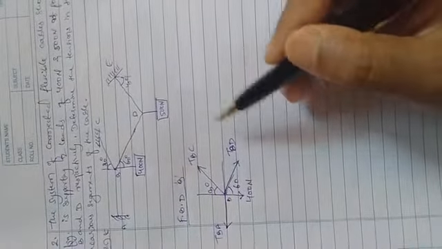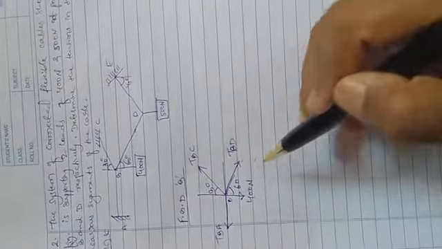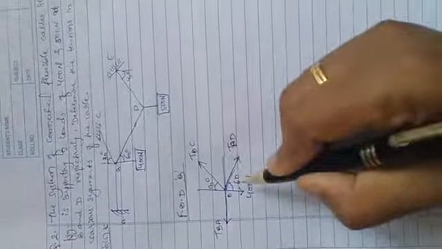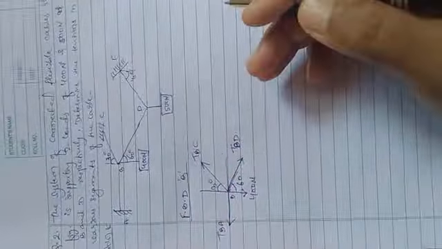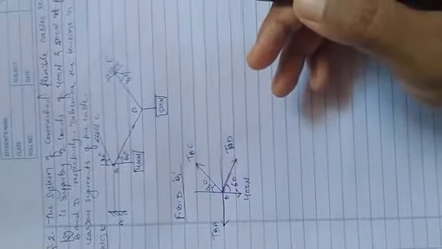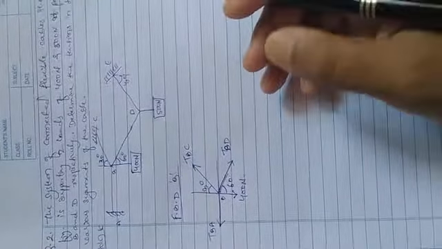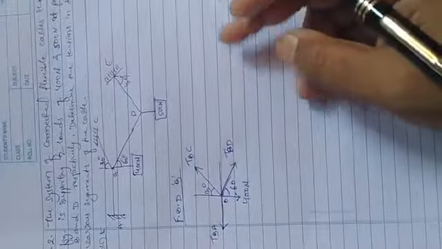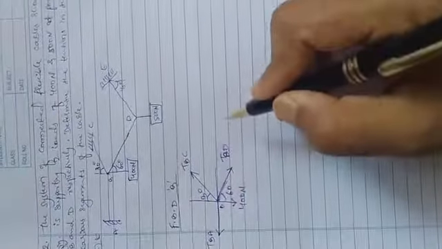In this case we have three unknowns along with the known force, four forces in all, so we cannot apply Lami's theorem directly here. As I told you in the beginning of the Lami's theorem class, we have a limitation that Lami's theorem can be applied only when we have three forces, of which one is known and two are unknown.